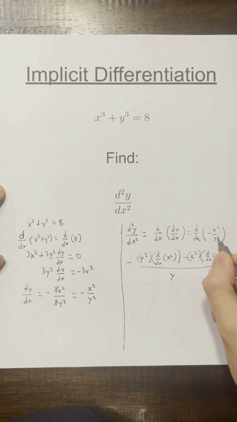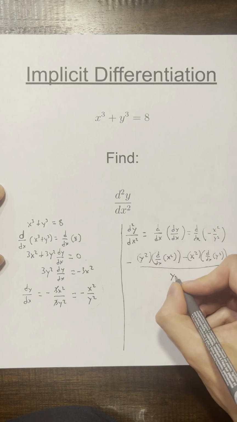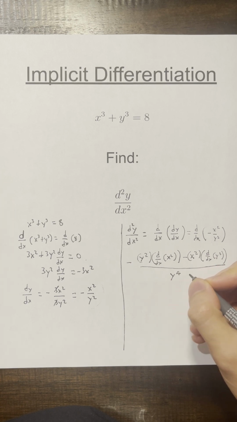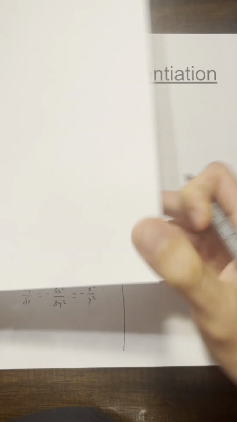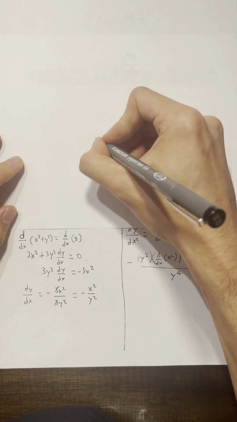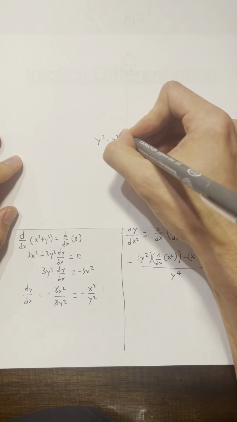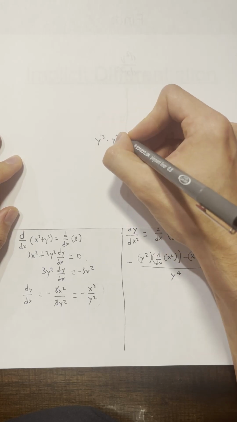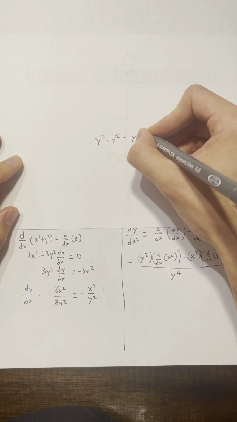So y squared times y squared is y to the power of 4. Just as a quick review, if we're multiplying y squared times y squared, it's y to the power of this plus this. So 2 plus 2 is 4.